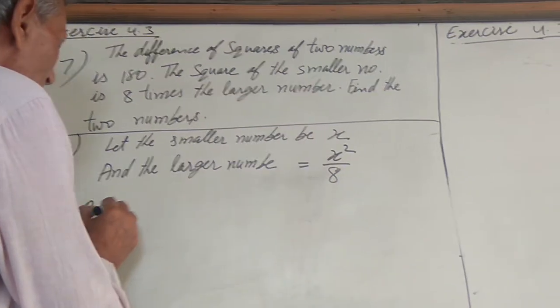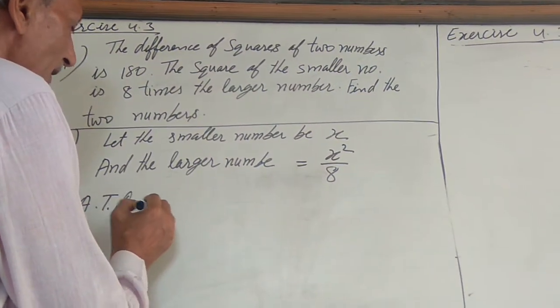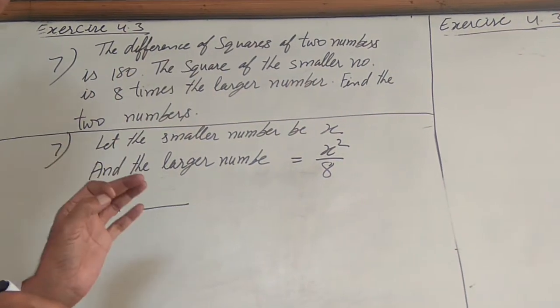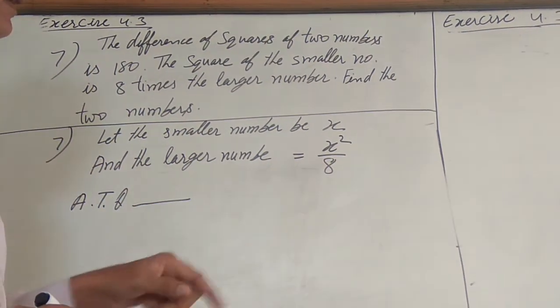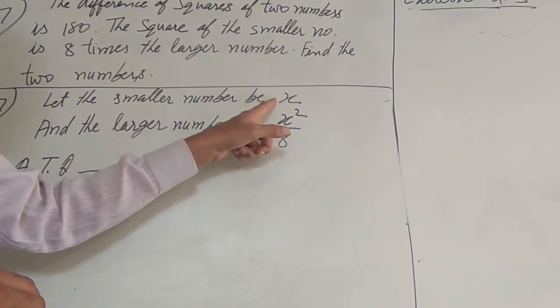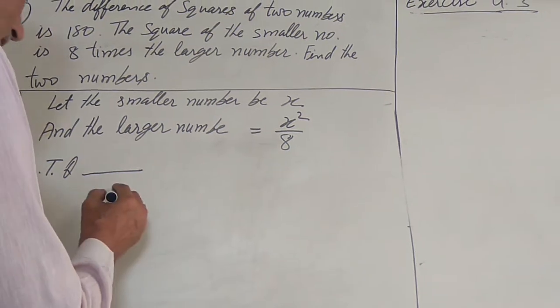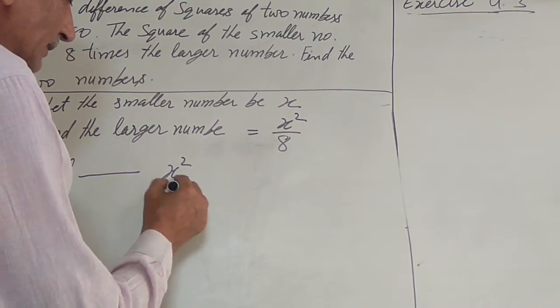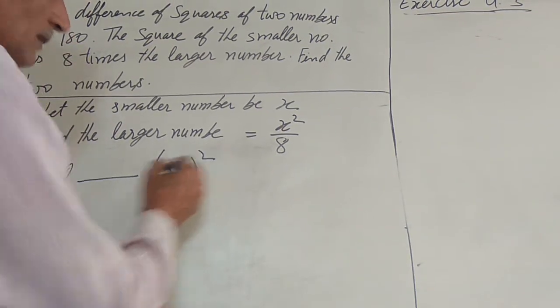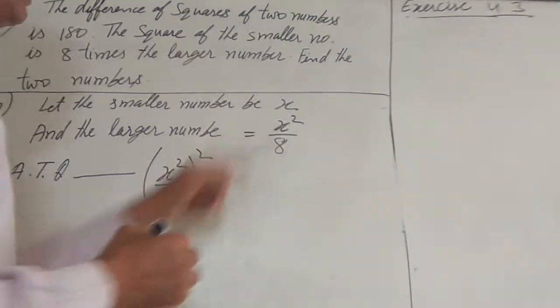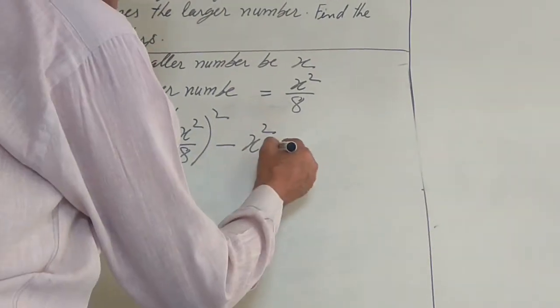According to the question's condition, the difference of their squares, square of this minus square of this, is 180.